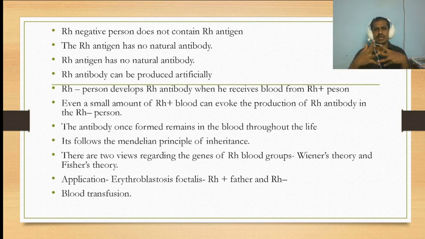What is the application when we study RH blood group? It is applicable in erythroblastosis fetalis, caused when the father is RH positive and the mother RH negative. Blood does not clot. The RH factor is also used in blood transfusion.